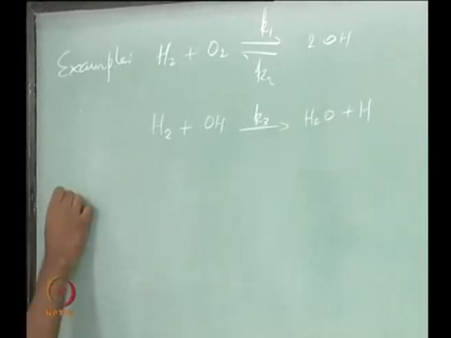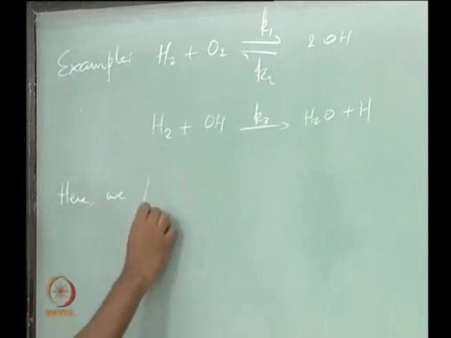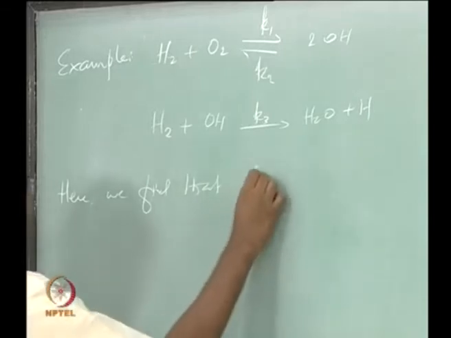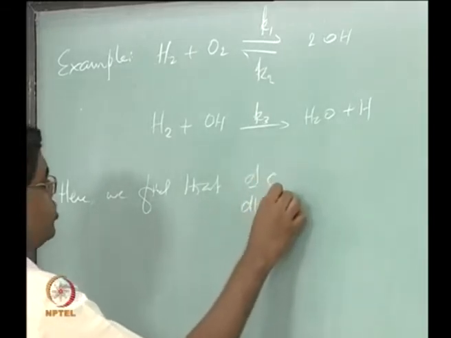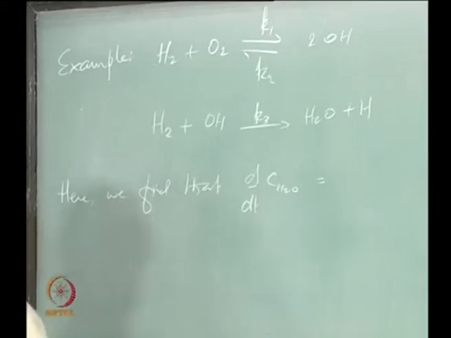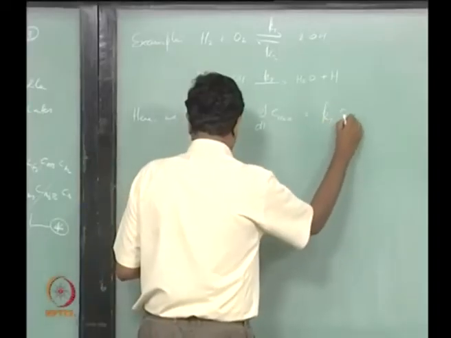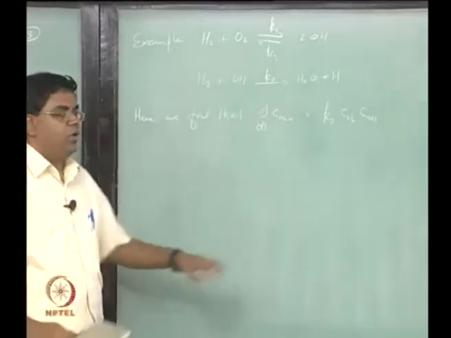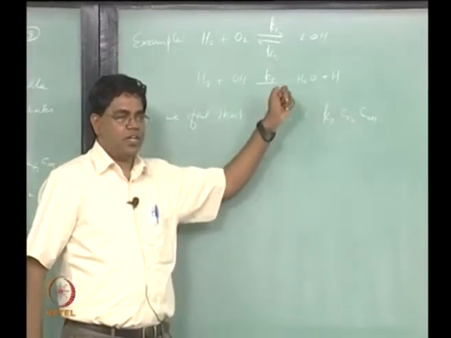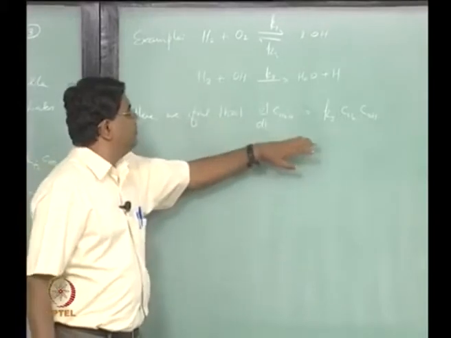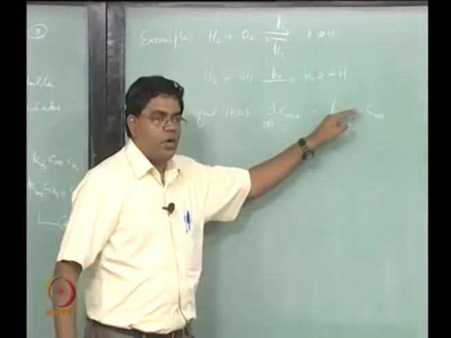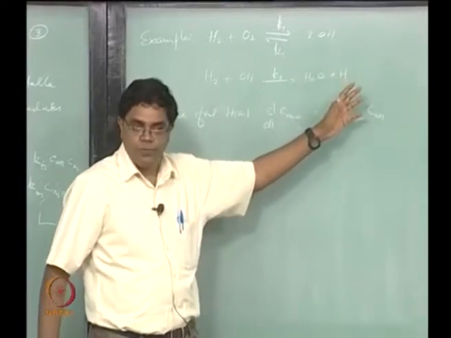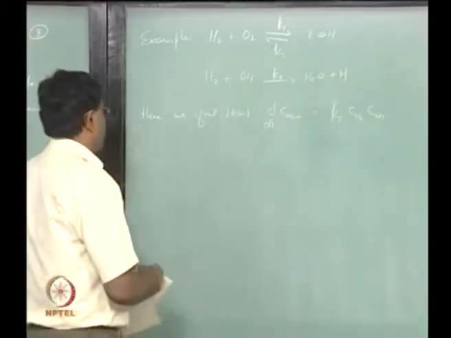So here we find that d over dt of CH2O equals K3 CH2 COH, and I don't like COH sitting there in this. H2 is already there. I would like to express COH in terms of H2 and O2, that's permissible, right, that's what I want to do.